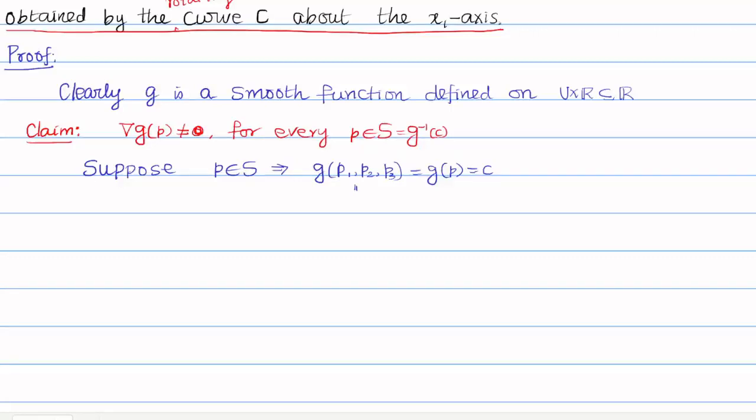Now இது யாரு? This is equal to f of P1, this fellow யாரு? P2 square plus P3 square, which is going to be equal to C. அப்படின்னு அர்த்தம் அப்படின்னா, this implies that these people யாரெல்லாம், the vector P1, P2 square plus P3 square, of course இந்த இடத்துல ஒரு 1/2 இருக்கு, half.